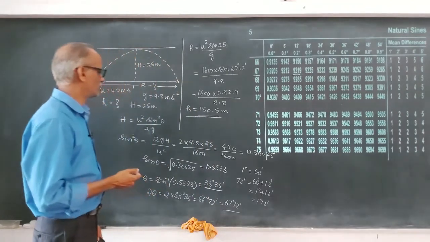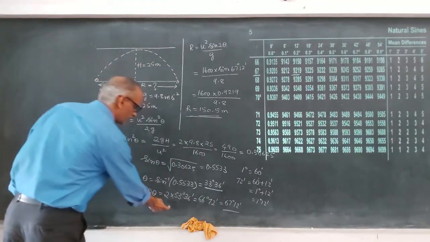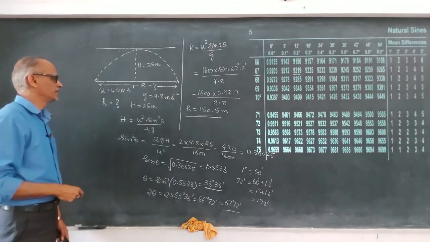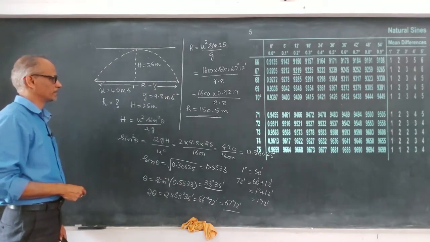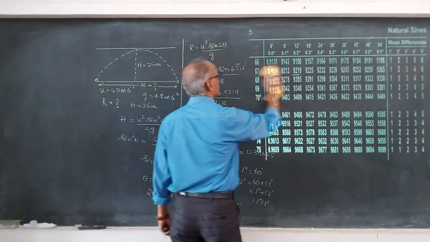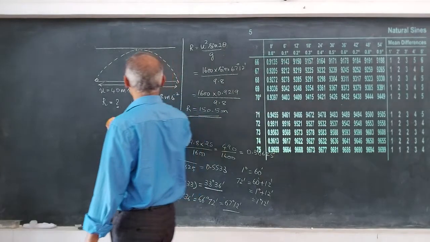Okay. So, hope you have understood how we can find the angle, and then we can substitute in finding the other physical quantities or other variables. Okay. Right. So, let us go through one more question.